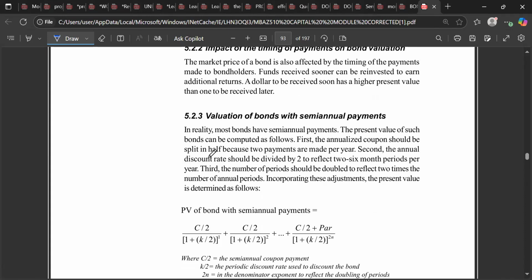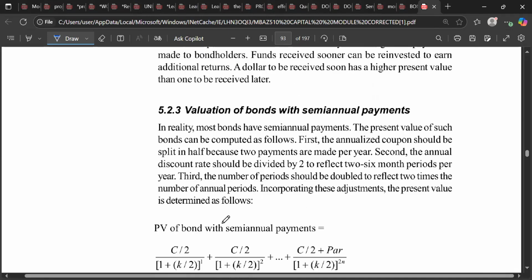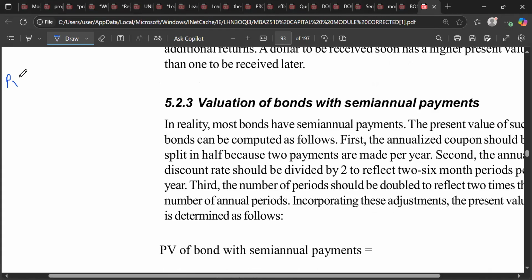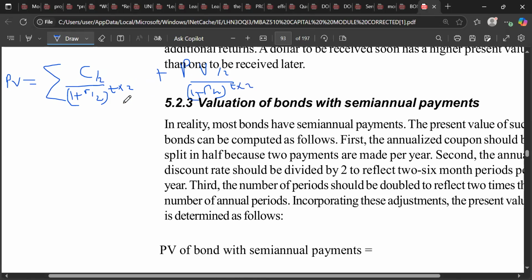The present value of a bond on a semi-annual basis changes. The present value of a bond will now be equal to the summation of your coupon payments over 2, over (1 plus r over 2) to the power t times 2, plus the par value over 2, also over (1 plus r over 2) to the power t times 2.